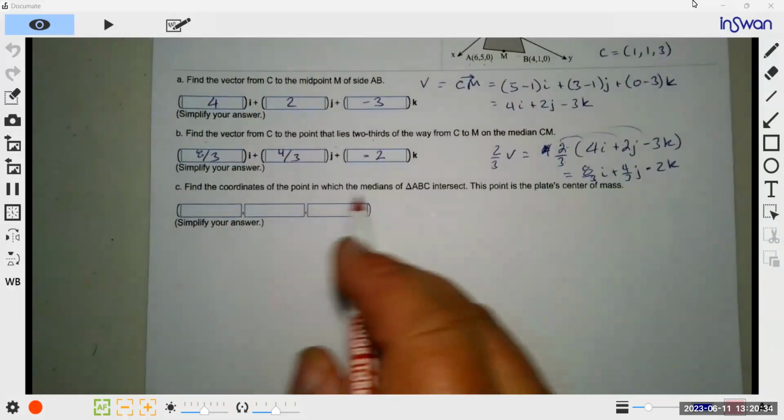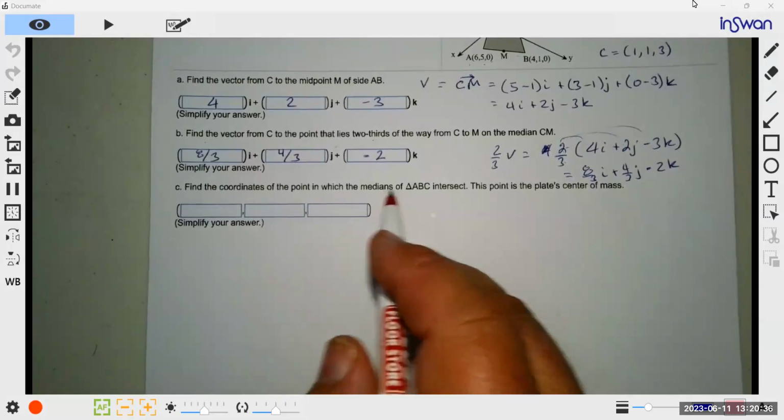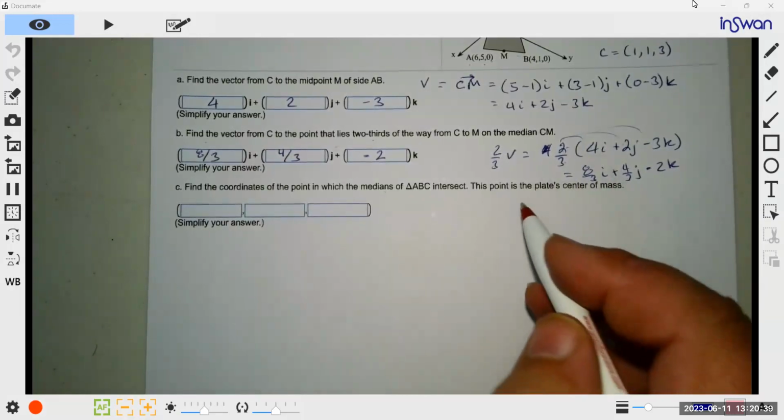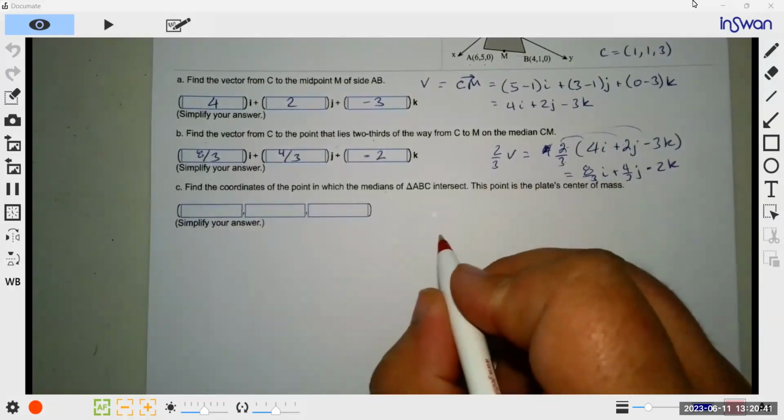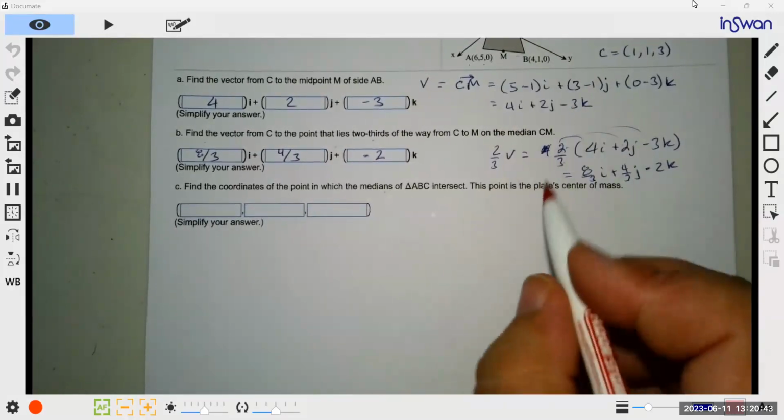Find the coordinates of the point at which the medians of triangle ABC intersect. We're looking for the point that's in the middle.